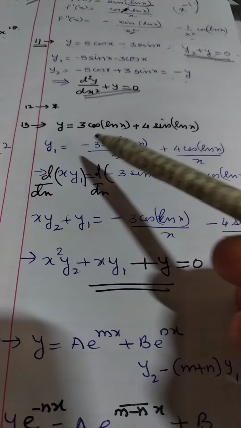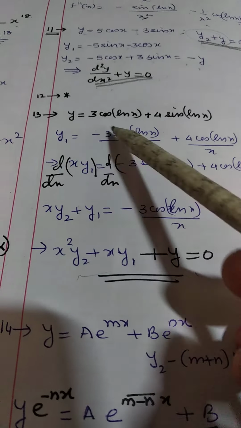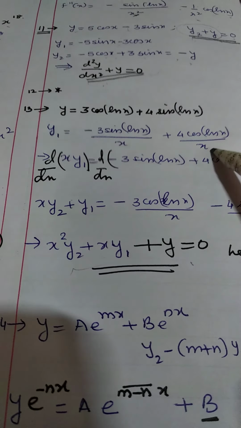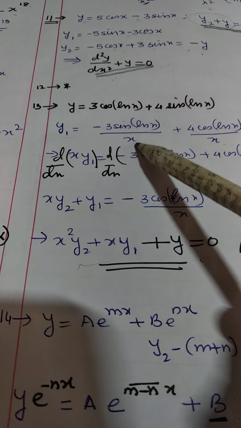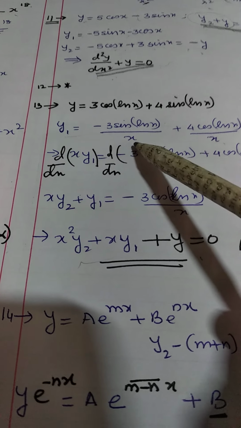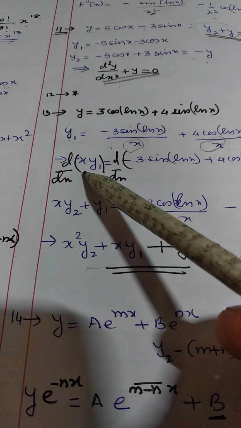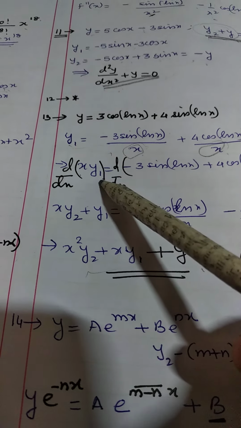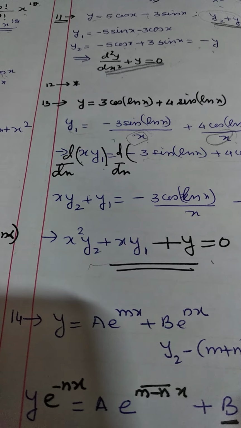Likewise, the next question is also based on forming a differential equation. To form it, I took the first derivative. Now here, instead of continuing with the same expression for the second derivative, what I did is, I took this x of the denominator to the left hand side and made the function on the left hand side as xy1. So I avoided a quotient rule here.